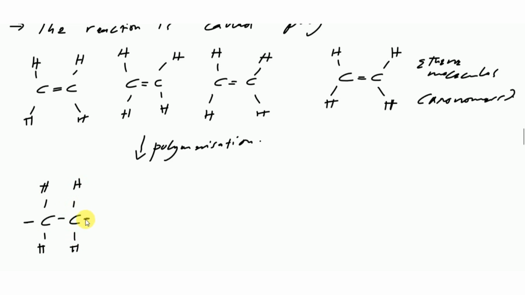Then we're going to connect it with another bond there. And you must know that when drawing your polymers, the double bond there is going to break. So we are going to add another ethene there, which is our second ethene molecule. So we're going to put our carbon atom and another carbon atom, and we're going to write the hydrogen atoms. So for the other ethene molecules, just repeat the process.